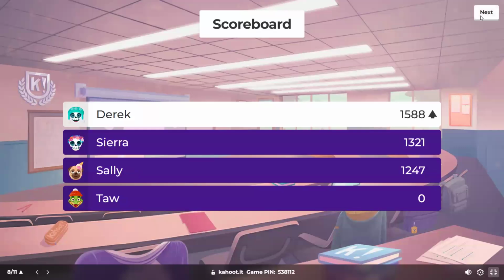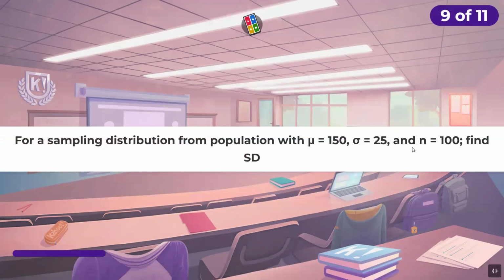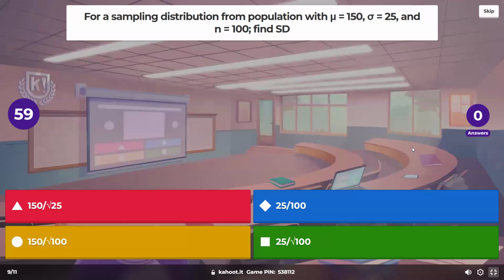All right, Derek. For a sampling distribution from a population with those parameters and n equal 100, find the standard error. You don't even have to calculate it. You can just take a look at which formula is right.